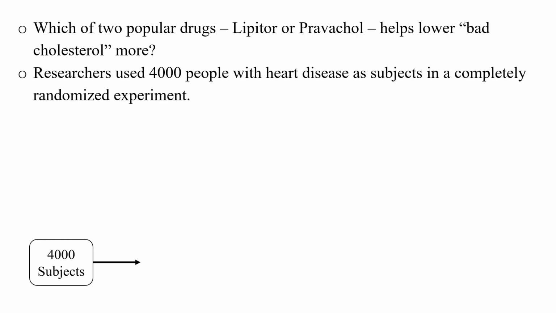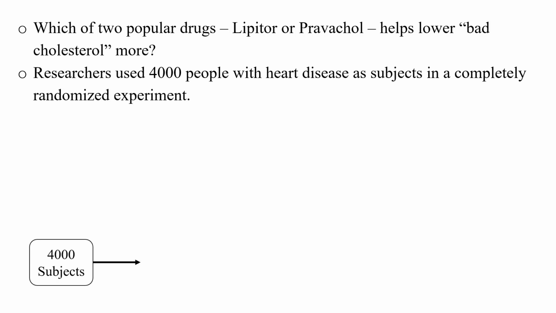So which one does that? In this situation, if we wanted to compare them, we're not trying to apply anything to a larger population. We're trying to discern between two explanatory variables, and we use an experiment to help us do that. If we set up an experiment, let's say researchers used 4,000 people with heart disease as subjects in a completely randomized experiment.